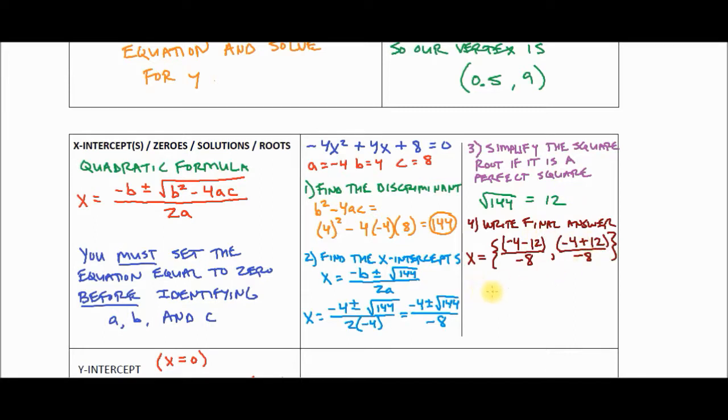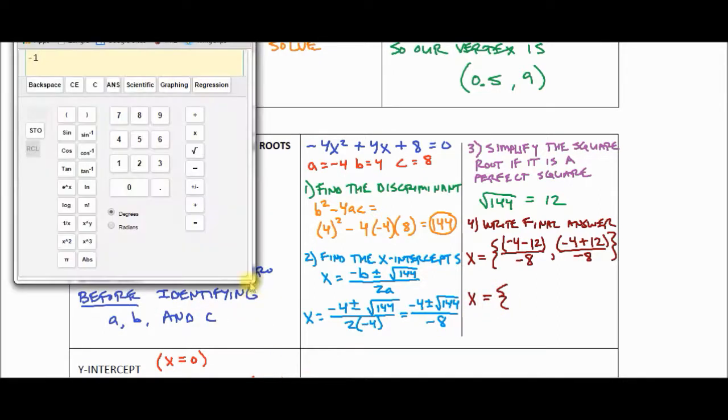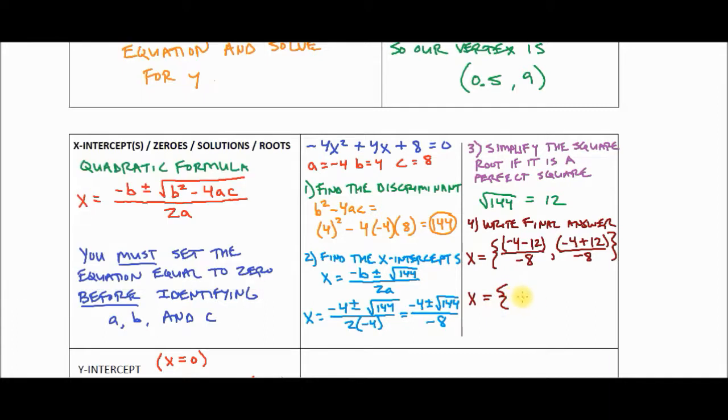And let's put this in our calculator to get our answers. So x can be equal to, let's try the first one. I'll clear this. We've got parenthesis -4 minus 12, close parentheses, divided by -8. Our first solution is 2. So on our flip book, we'll say that our x-intercept can be 2.